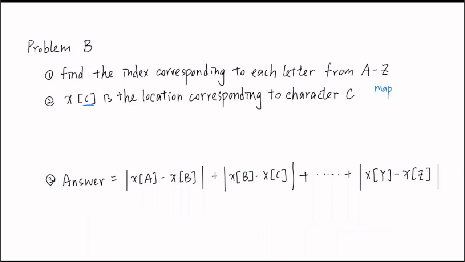For this example, S would correspond to 0, and G would correspond to 1, J would correspond to 2, and so on. And so the answer would simply be the distance between A and B, B and C, C and D, and so on.